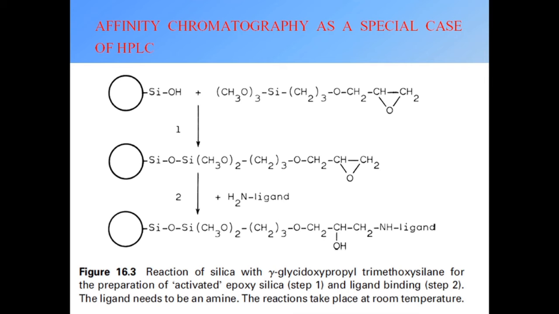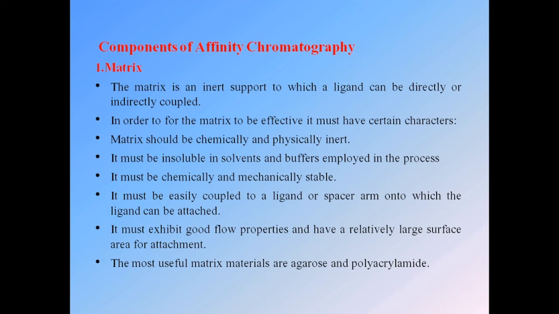Next, components of affinity chromatography. First, matrix. The matrix is an inert support to which a ligand can be directly or indirectly coupled. In order for the matrix to be effective, it must have certain characters. It should be chemically and physically inert. It must be insoluble in solvents and buffers employed in the process.